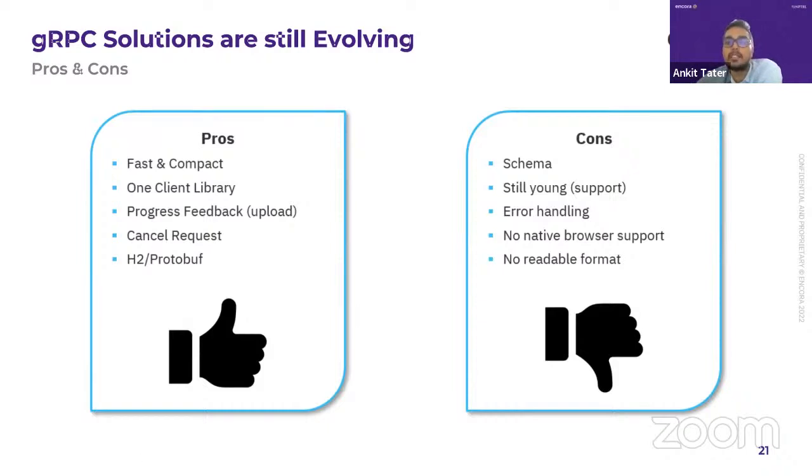You can disconnect from the client, but the process will continue on your backend servers in the case of REST. But in the case of gRPC, you cancel the request from your client side, and the server also stops processing those requests.